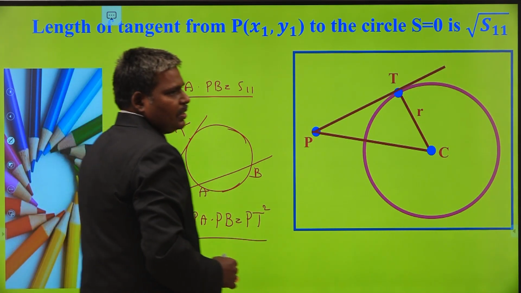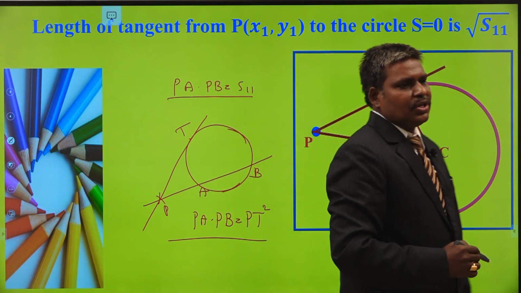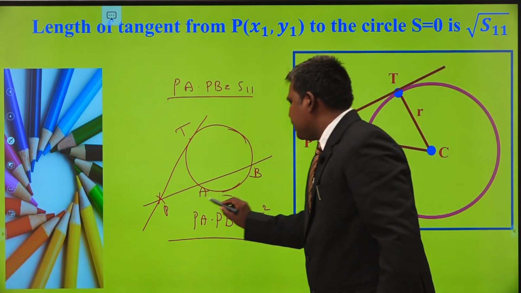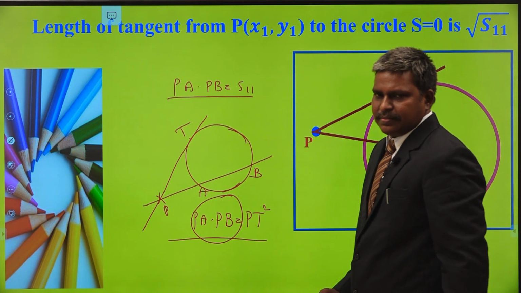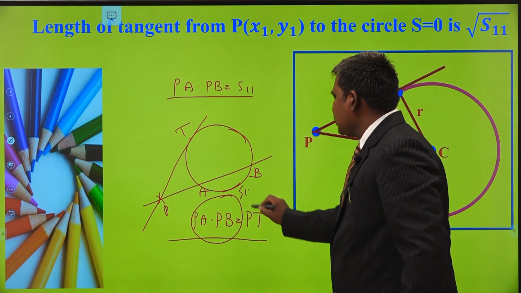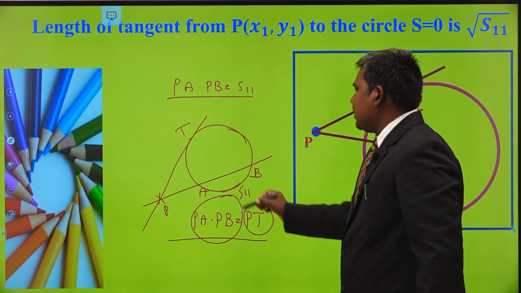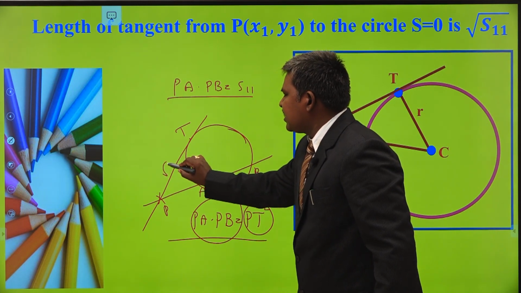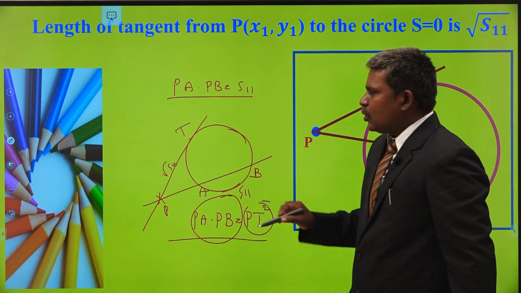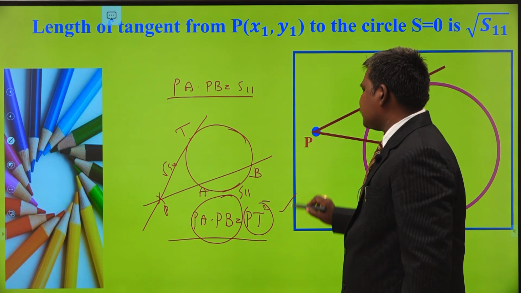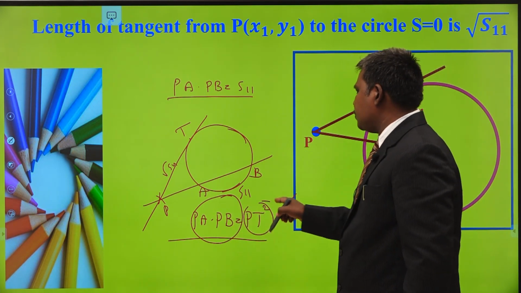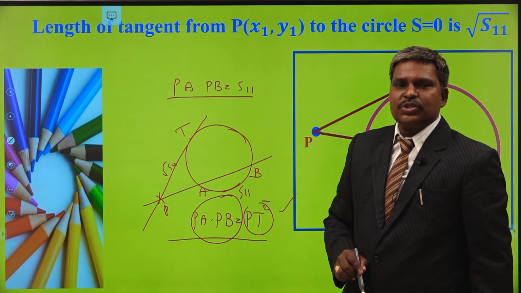Am I correct or not? PA into PB is equal to PT square. What is PA into PB? Earlier we have proved that it is S11. This is your S11. What is PT? PT is nothing but the length of tangent. What is the length of tangent? Root S11. Root S11 whole square is also S11. Therefore, PA into PB is equal to PT square.